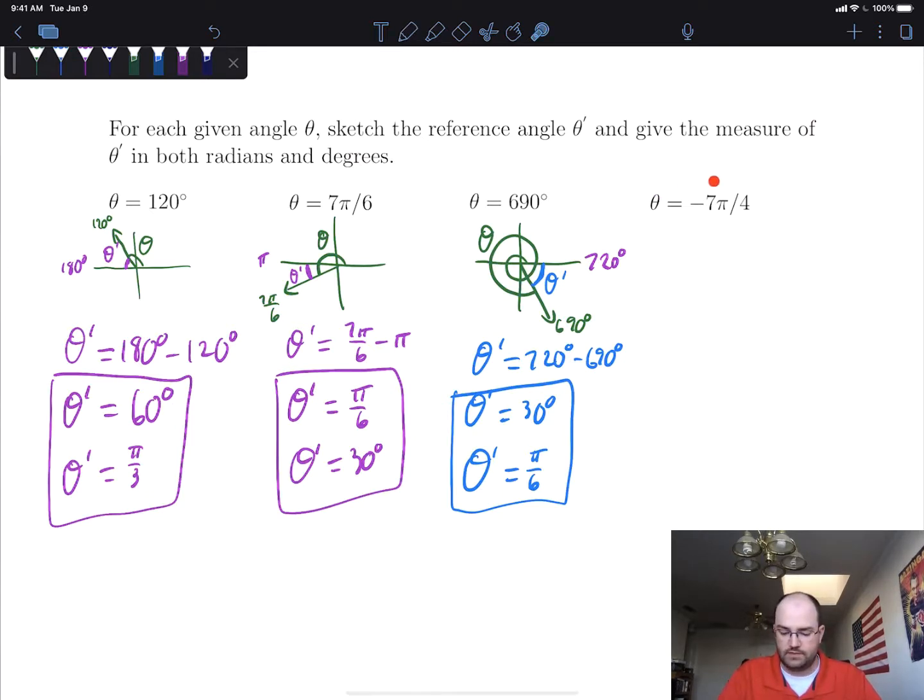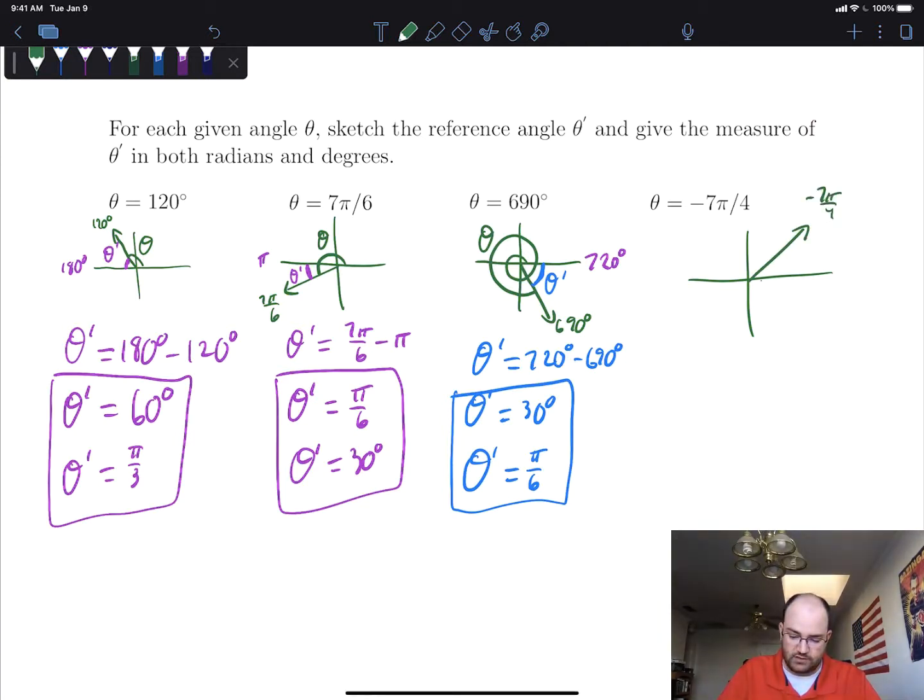Now for this one, negative 7 pi over 4. Going by pi over 4s, negative 1, negative 2, negative 3, negative 4, negative 5, negative 6, negative 7. So, oops. That right there is negative 7 pi over 4.